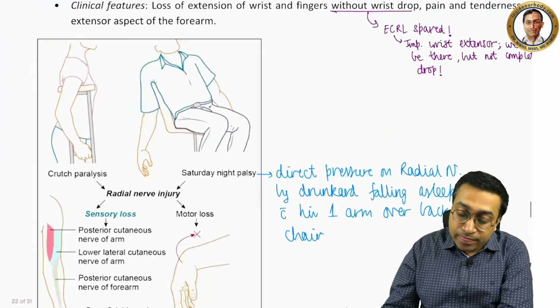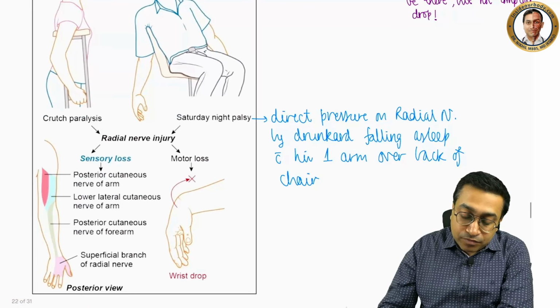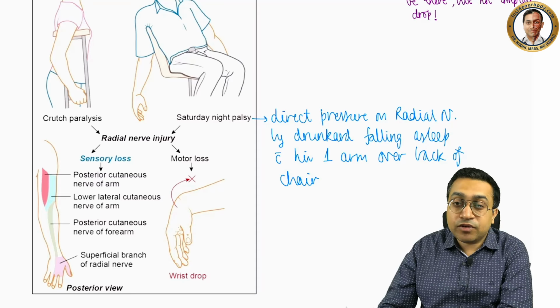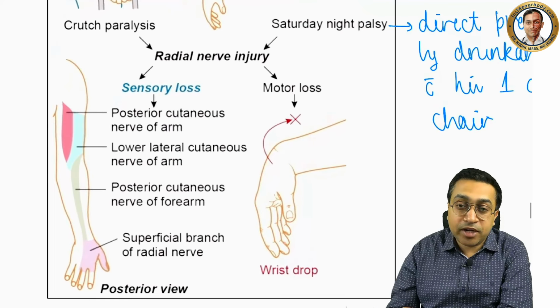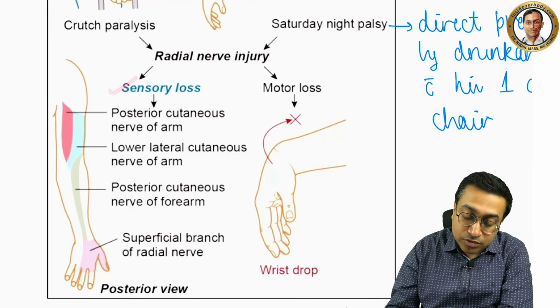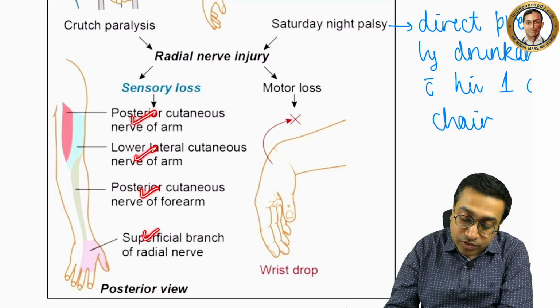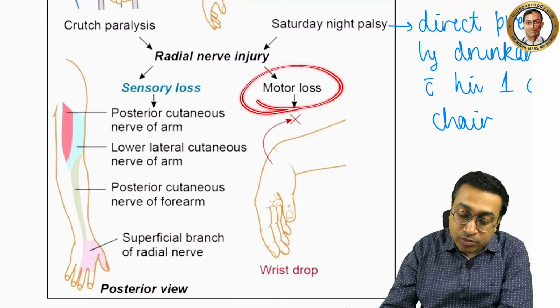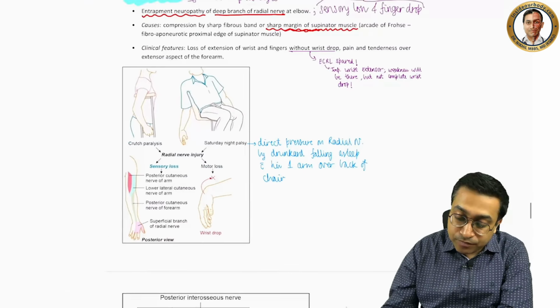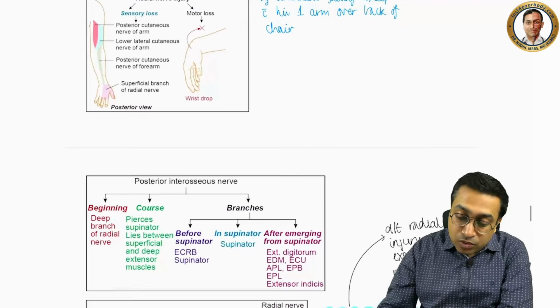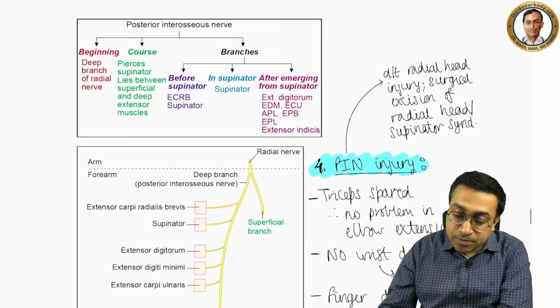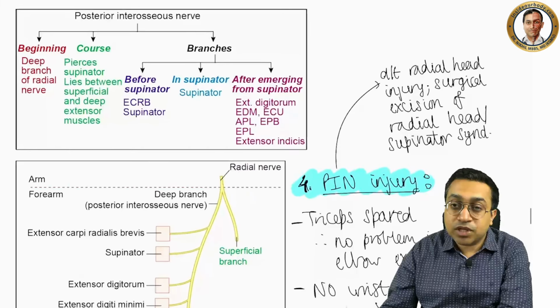Next we talk about this. The same thing which we have discussed is shown in a diagrammatic manner, with the sensory loss, due to which all nerves will be involved. Then there will be other motor loss. Then we talk about the next part of this radial nerve, that is the posterior interosseous nerve.